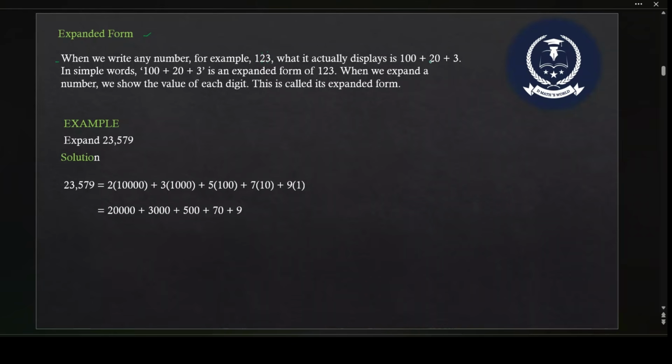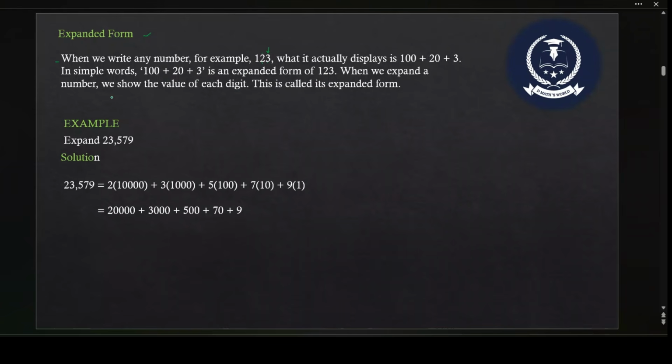So 1 with zeros, plus 2 and then 0. Then if I write plus 3, there is no number to the right of 3, so we write only 3. So in simple words, 100 plus 20 plus 3 is the expanded form of 123.